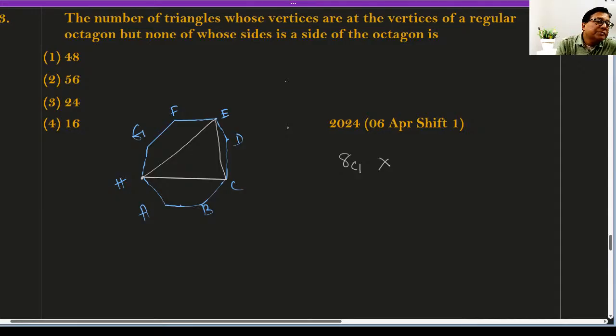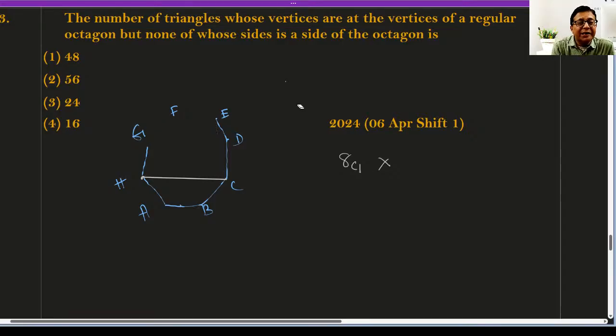Into, I have to find 2 other vertices, isn't it? Second vertex can be chosen 7C1. No, we can't. 6C1 because 1 is also.